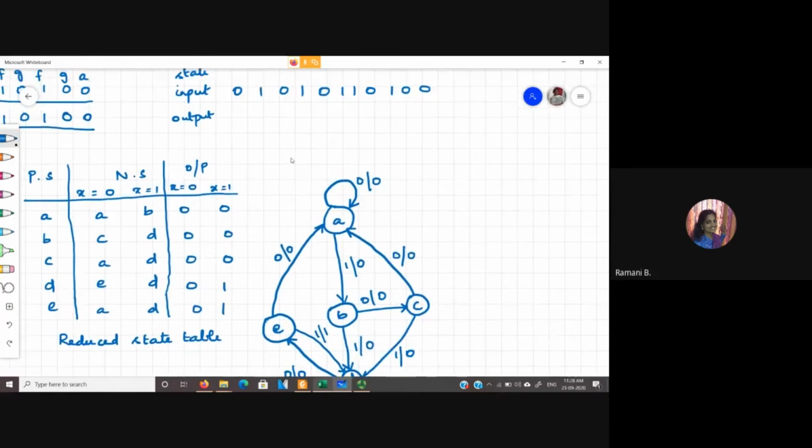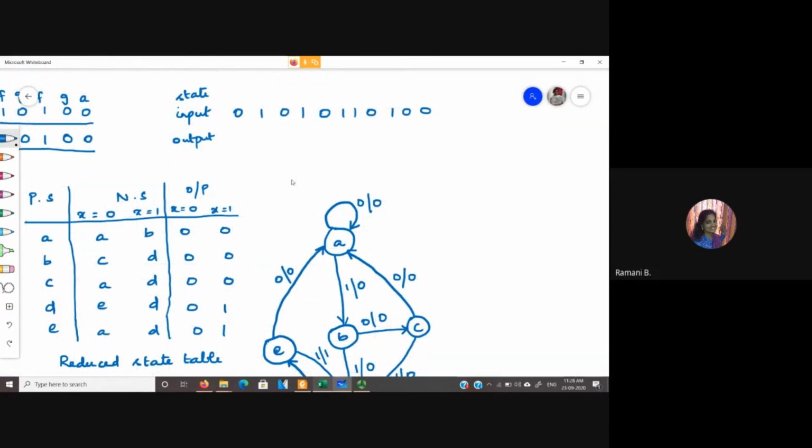Here, the same way, I start from state A. When the input is 0, I remain in state A and the output is 0. Then I receive an input 1, so I move to state B and the output is 0 again.